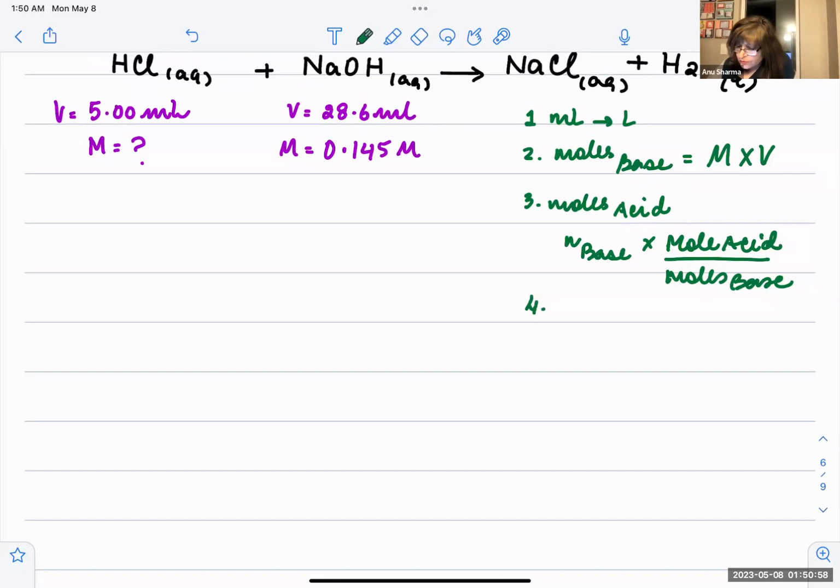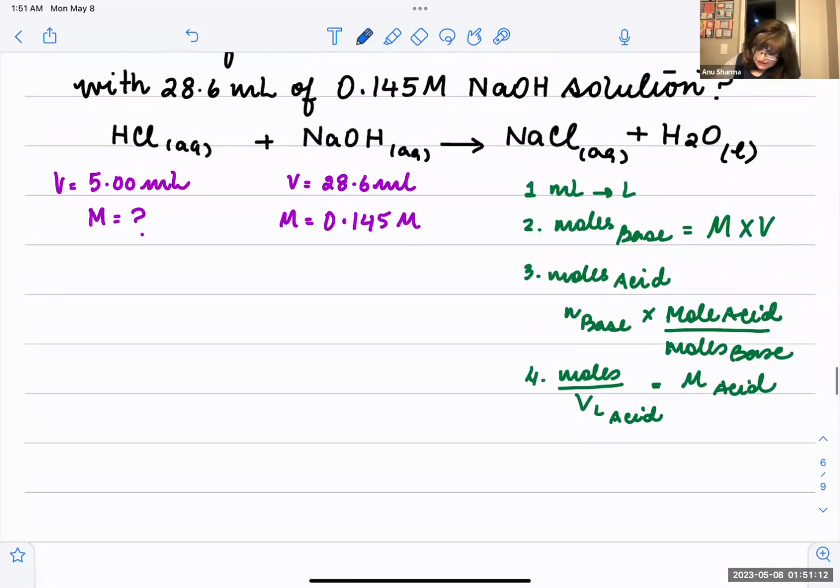So that's going to give you the moles of the acid. What's the fourth thing you'll do? You take the moles of the acid, divide that by the volume of the acid in liters, and that's going to give you the molarity of the acid. Okay, so let's do this. First is 5.00 milliliters times 1 liter over 1000 milliliters.